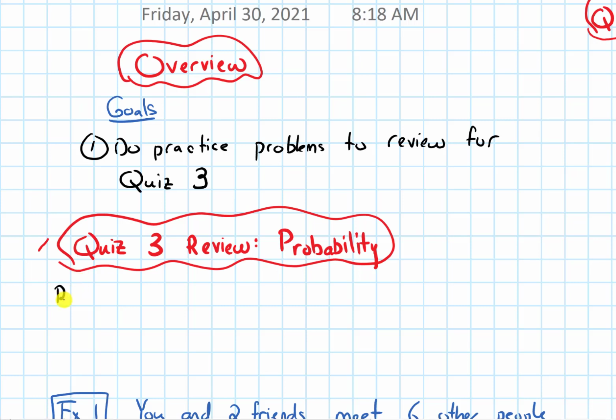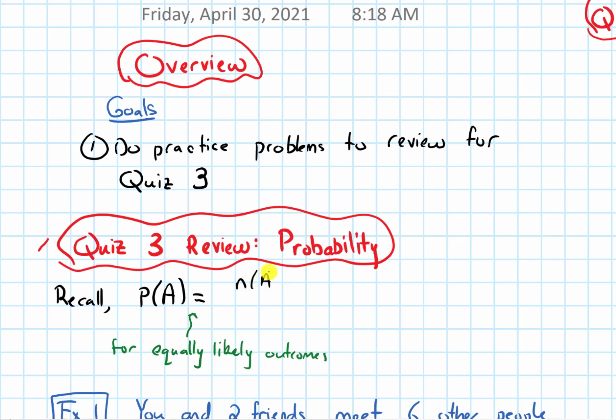So recall that the probability that some event A occurs when we have equally likely outcomes is the number of elements in the set A on top over the number of elements in the sample space S on the bottom.